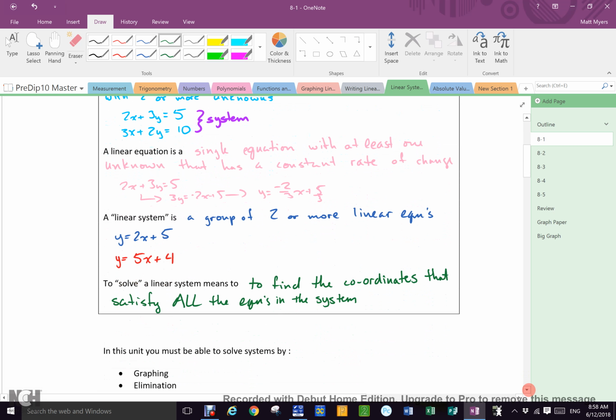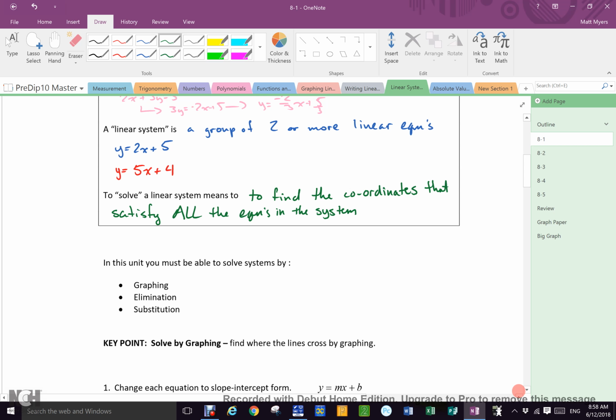Is everybody cool? So it can't be just any number? No. Everybody good? All right. There are 3 ways to do this.